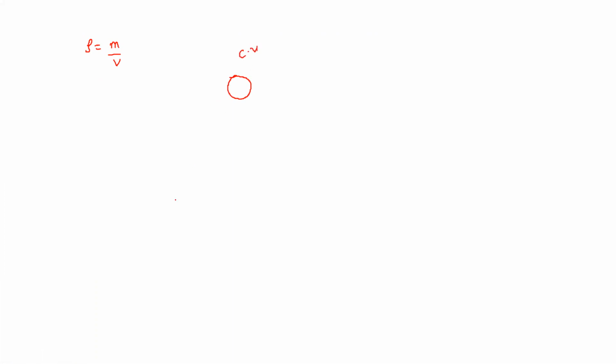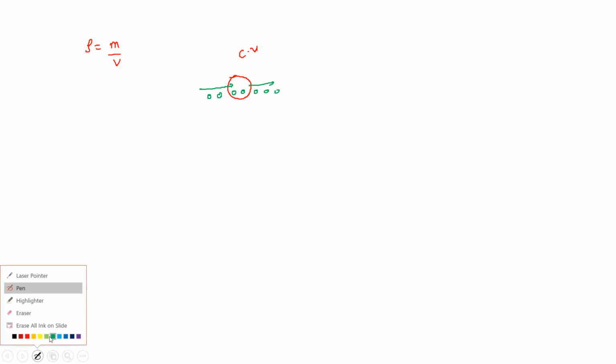Now let's say I'm taking a very small control volume. Remember, this is my control volume. My flow is taking place, and because of this flow, a few molecules come inside my control volume and then go out. Let's assume that the mass of each molecule is m.